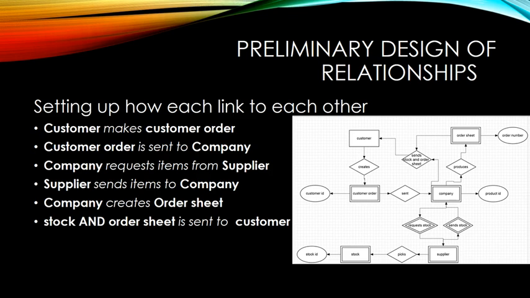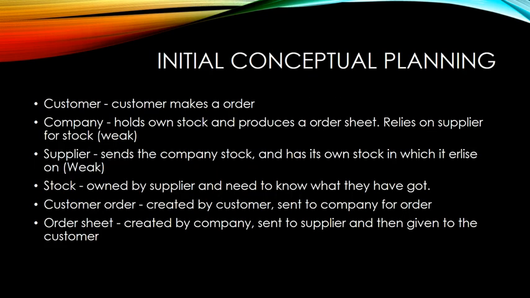Once the supplier gets the order sheet, they pick the stock from their stock and send it back to the company, who fill out and produce the order sheet, and that gets sent to the customer.